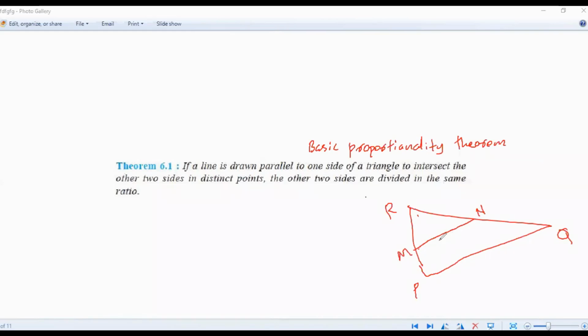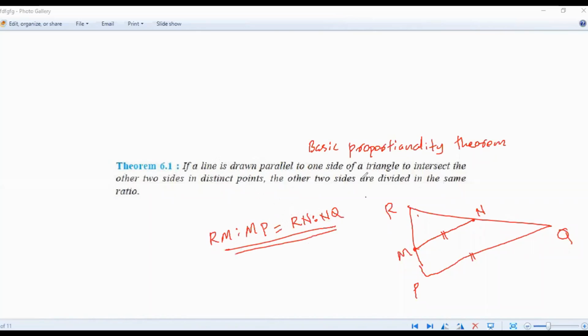Suppose this line is drawn parallel to one side of the triangle, that is PQ, and intersects the sides at two distinct points M and N. The other two sides are divided in the same ratio. This M and N will divide the other two sides in the same ratio, that is RM is to MP is equal to RN is to NQ. This is what the theorem says.